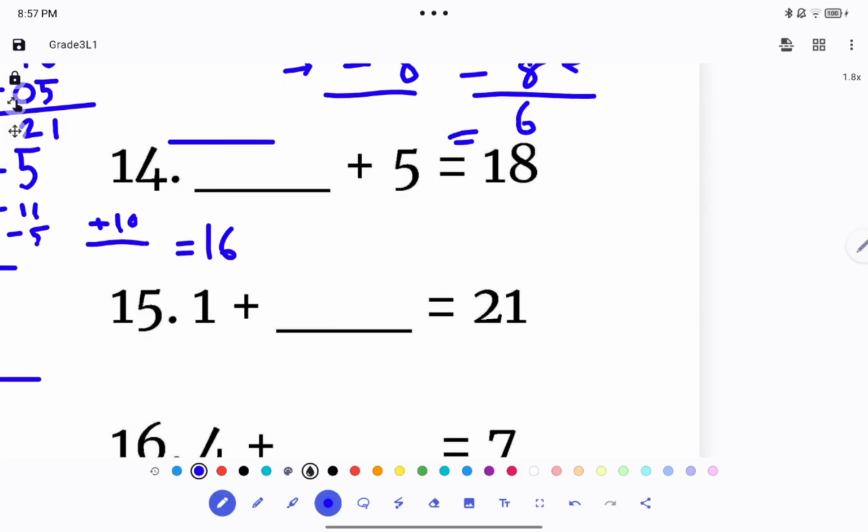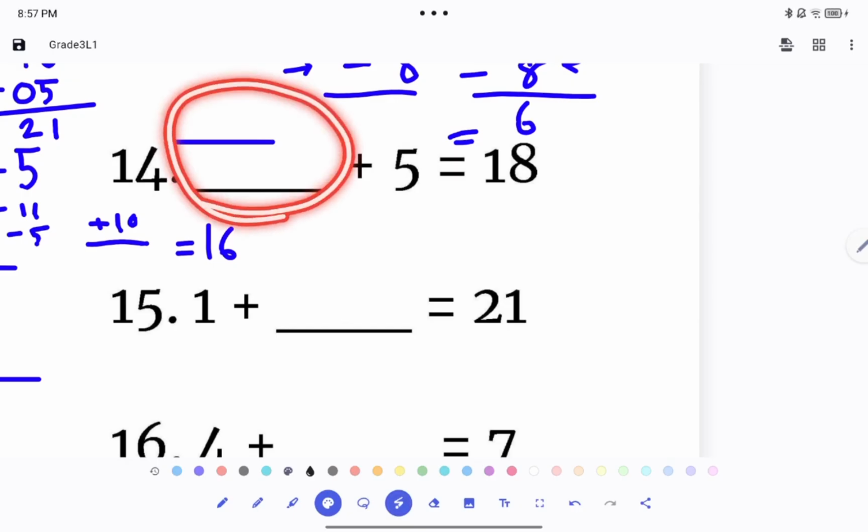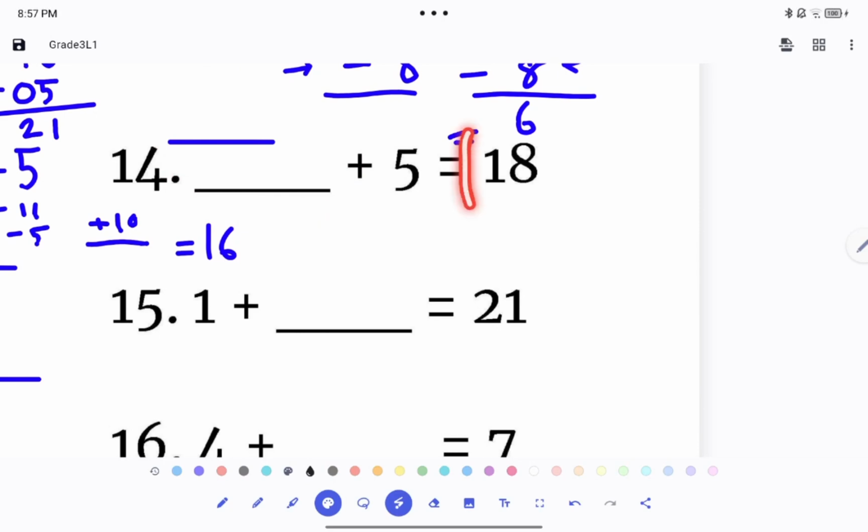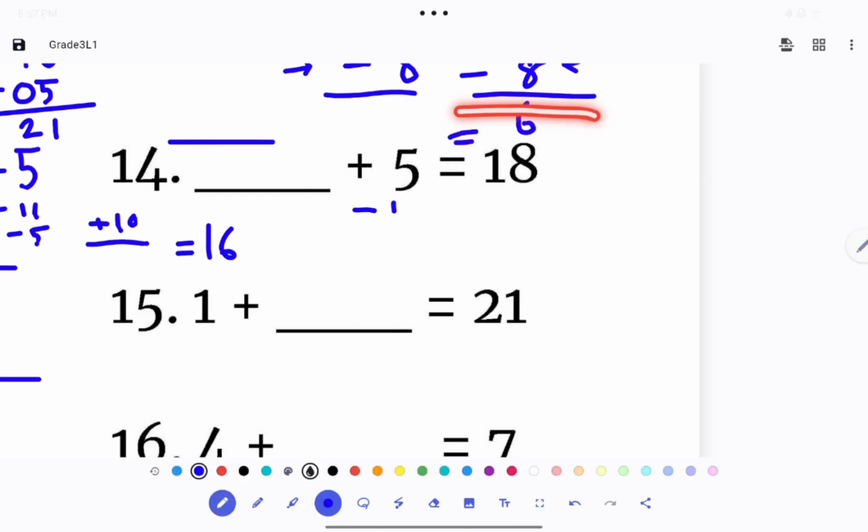Moving on to number 14. We find out that something plus 5 is equal to 18. Now remember, the key part of all this is we want to get this unknown number that we don't know, it could be any number for all we know, all by itself so that we find that on this side is our answer. So we subtract 5 from both sides to get it all by itself.